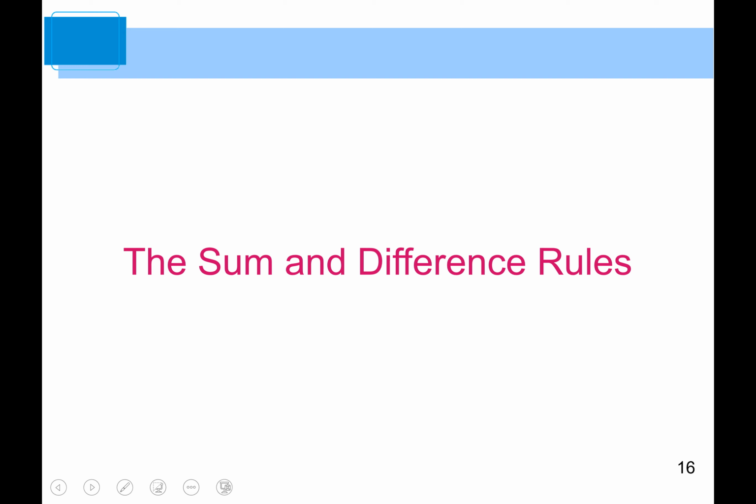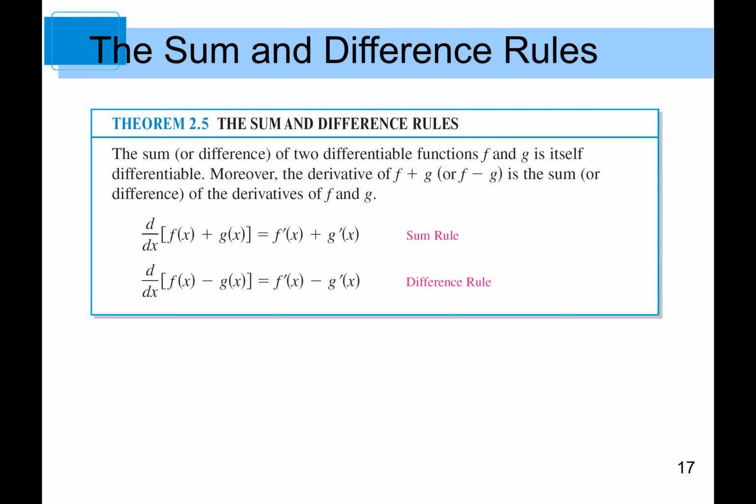And the very last thing, let's take a look at the sum and difference rule. The sum or difference of two differentiable functions f and g is itself differentiable. Moreover, the derivative of f plus g or f minus g is the sum or difference of the derivatives of f and g.